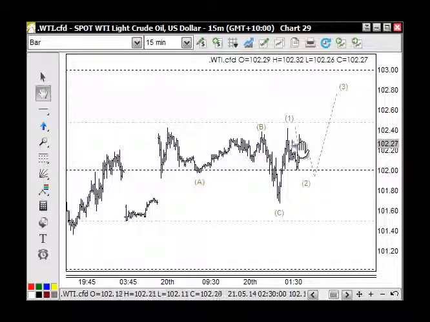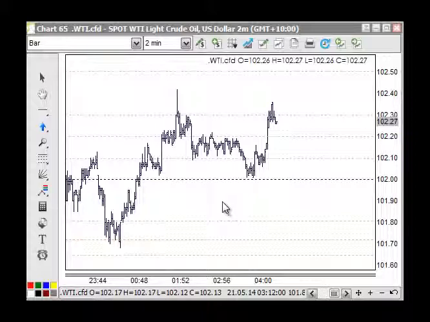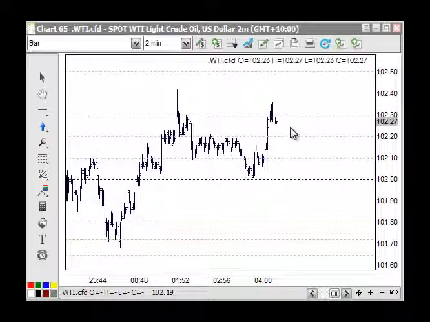So this little wave 1 here is in 5 waves, and we can drill in there and have a little look, which is over here, which is the 1, the 2, 5 waves for the 3rd wave, the 4th wave, and the 5th wave here, then the A, the B, and the C here, and now we're moving off to the next one. So you'll probably grab it at 102.30 support, which will be perfect anyway.